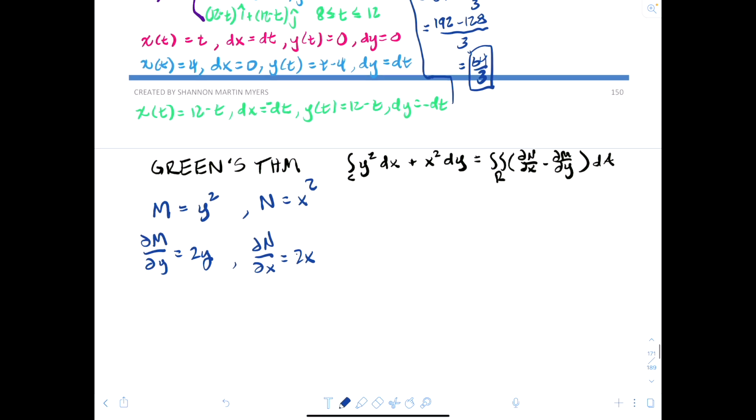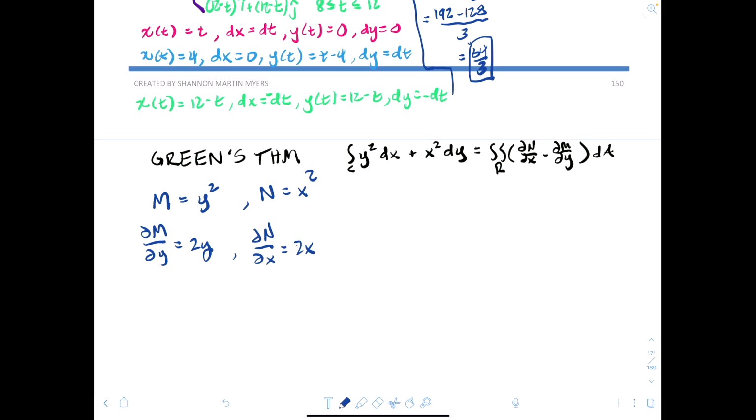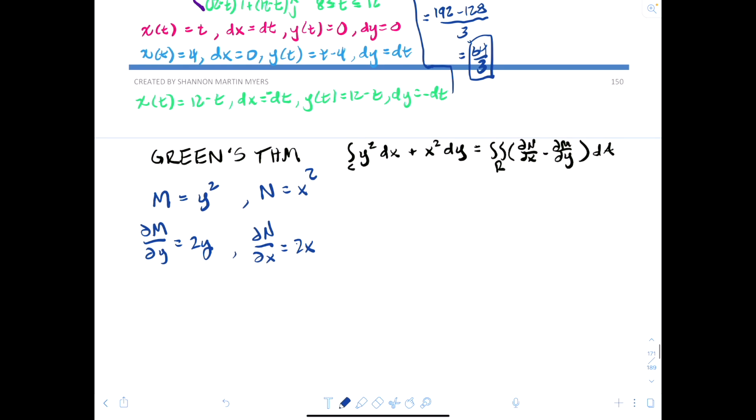Okay, so our line integral here is going to be equivalent to a double integral, in terms of dy dx.